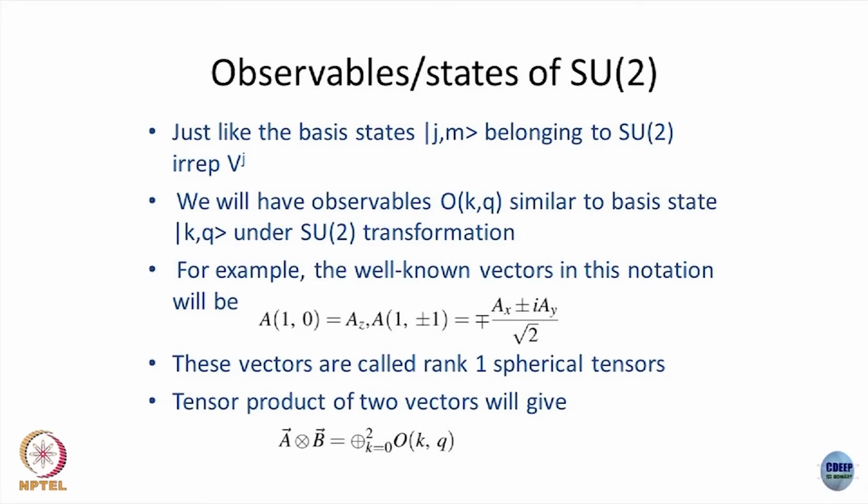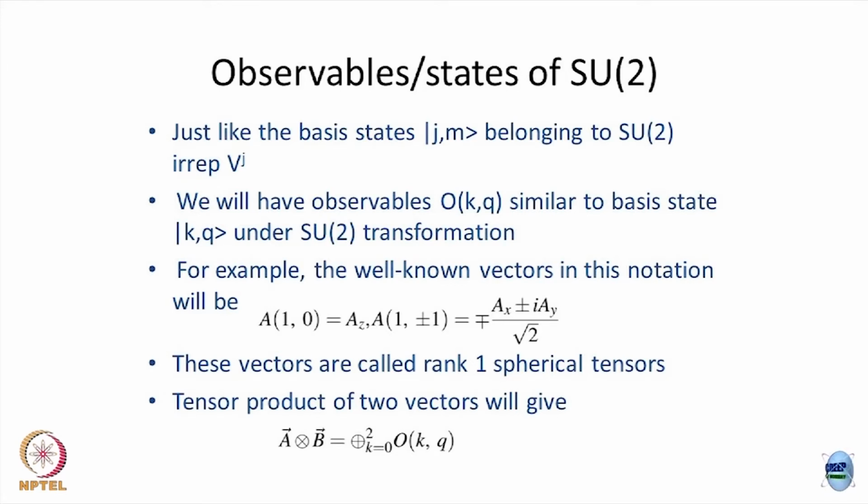This is not new to you. You write e to the i m phi times cos theta P_l^m, right. So, this is why it is sometimes called a spherical tensor. If you just write Cartesian tensors, I should have written it as Ax, Ay and Az. To match with the states, you convert them into spherical tensors. So, if you compose 2 rank 1 spherical tensors, rank 1 means the first k value is 1, okay.